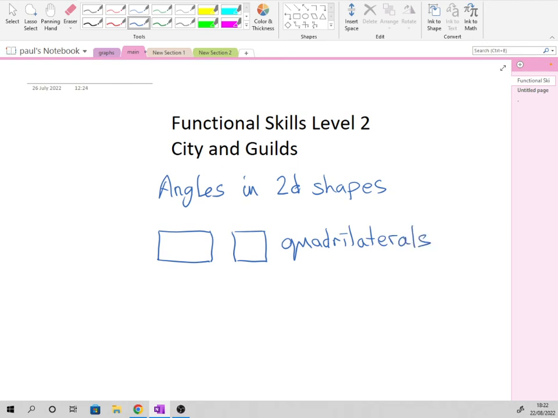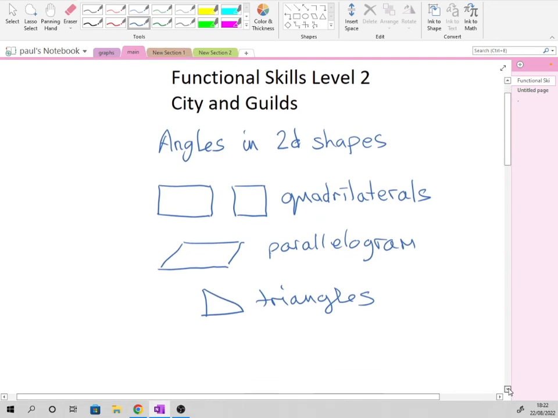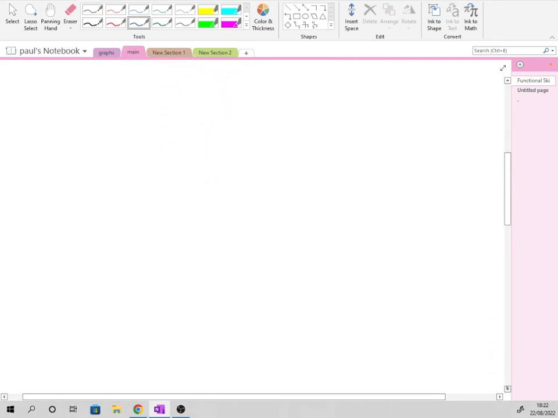So we've got rectangle, square, and this one, a parallelogram. And of course we'll be looking at triangles of various different kinds. Right, okay. Now these are the internal angles.